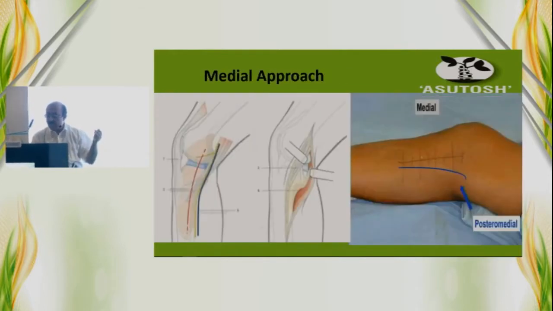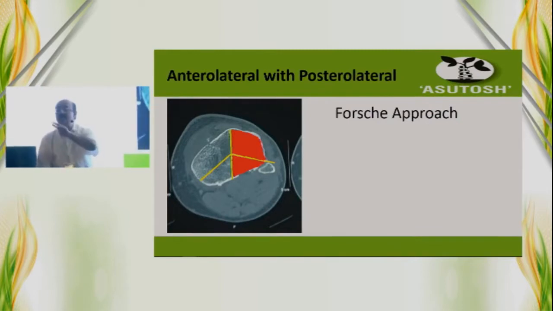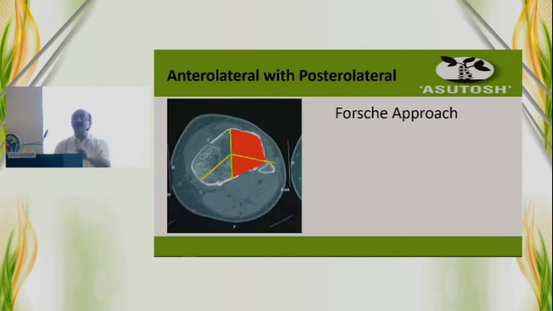I'm going to skip over this slide for a minute, and now we come to combined columns, so not a single column. If you have an anterolateral with a posterolateral, so basically a lateral, I think the ideal approach is a force approach.